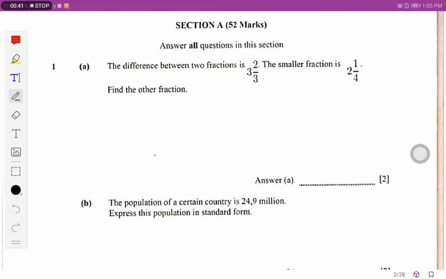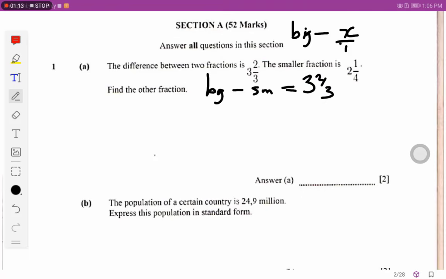What it means here is this: let's say the bigger fraction is x over 1. We want to find this fraction, and we are saying the bigger fraction minus the smaller is equal to 3 and 2/3.